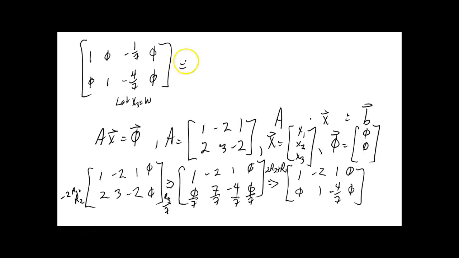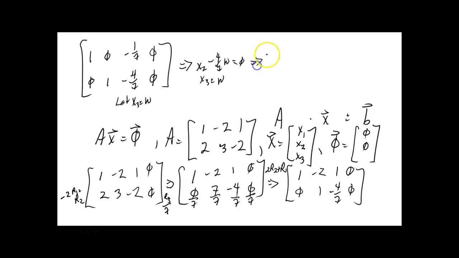So that produces x3 equals W. What would your x2 equal? Read that second row to me right now. That would be x2 minus 4/7 x3, which is w, is equal to 0.